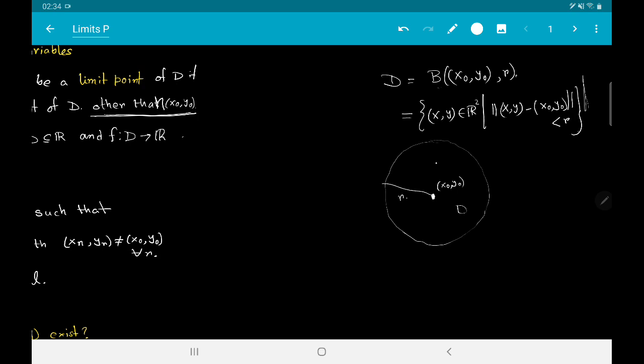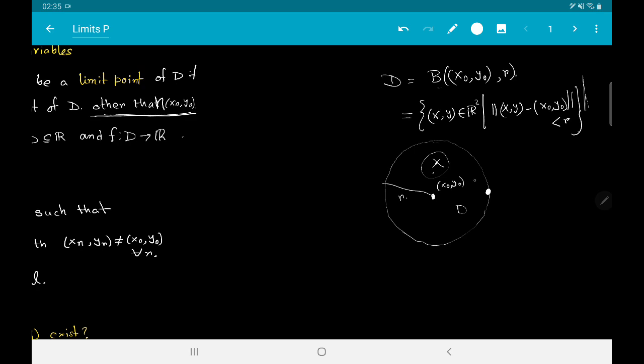You pick up any point inside the circle, and you can see that if you take any neighborhood of this point, it must have a point of the circle which is not equal to the point that we started with. Now what about this point which lies on the boundary of the circle?